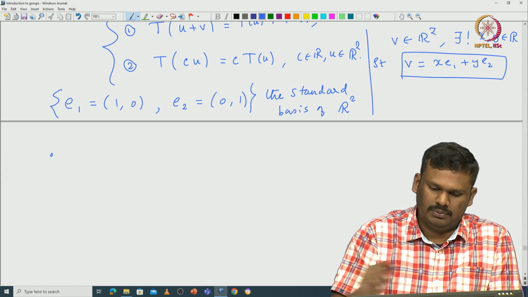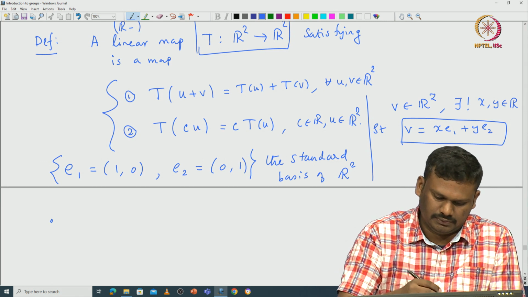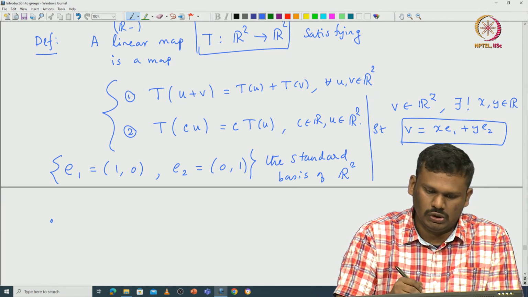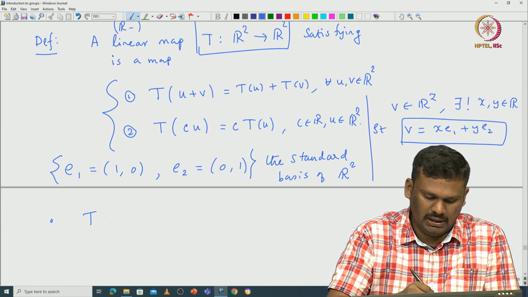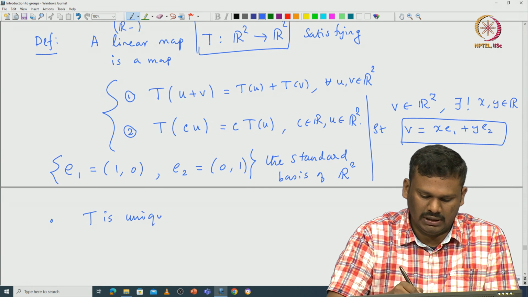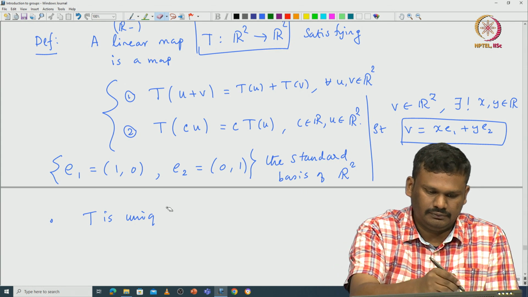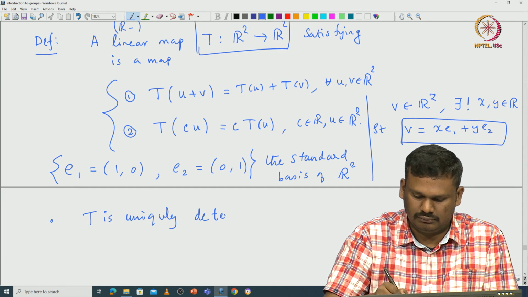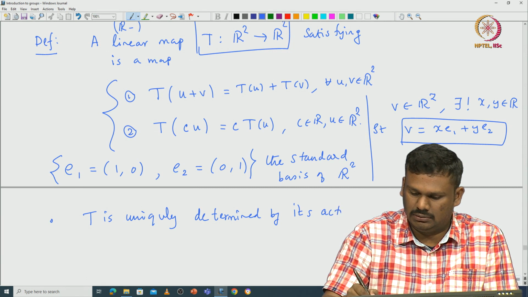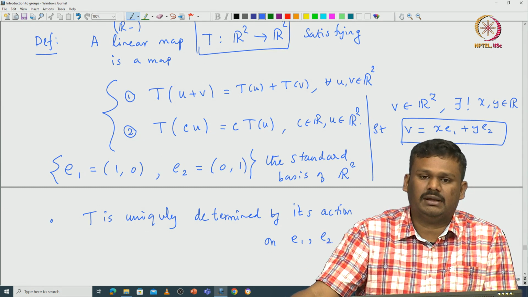Now, given a linear map, this linear map T is uniquely determined by its action on the basis E1 and E2. What is the meaning of that?